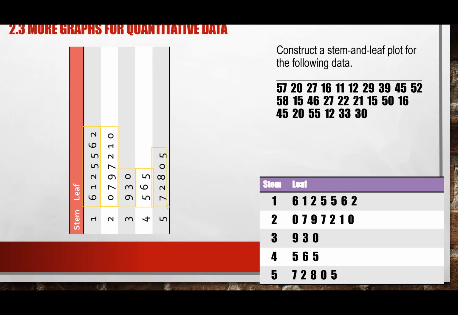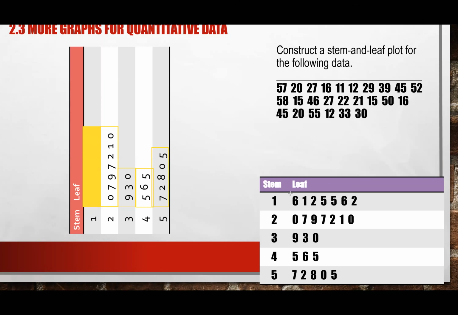Looking at this, if they were to ask you for a histogram, you would say, this is 3, this is 3, this is 5, this is 7, 7, right? The frequency. But if I ask you, well, how many students scored 19? You would say, well, I don't know. If you look at the histogram, you would say, I don't know, because all I know is I have 7 students who scored between 10 and 20, right?